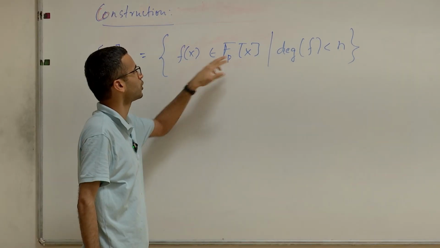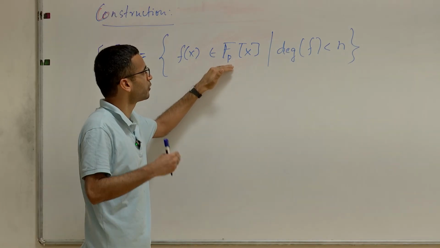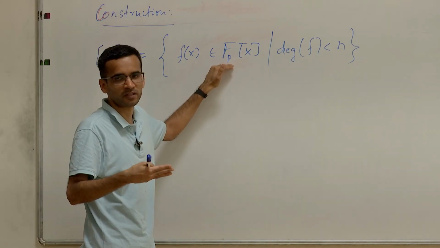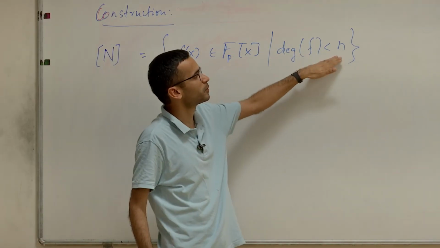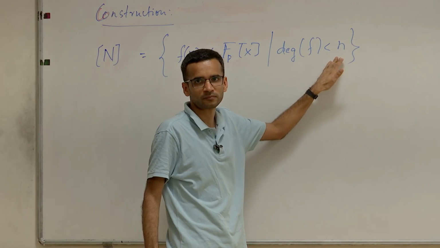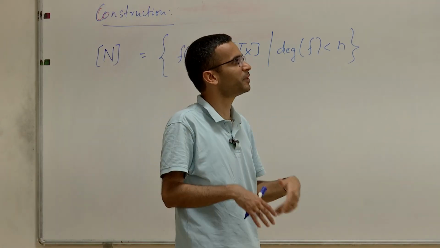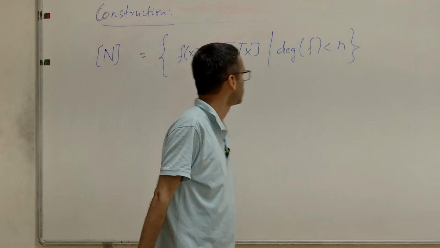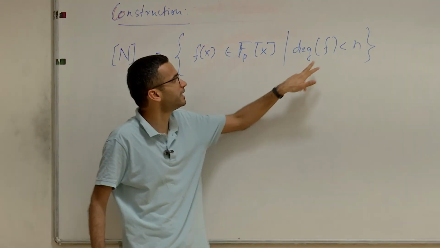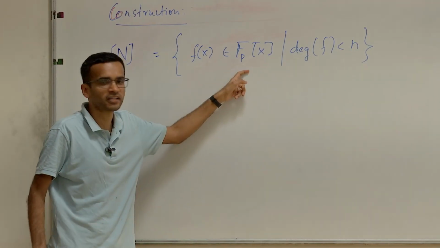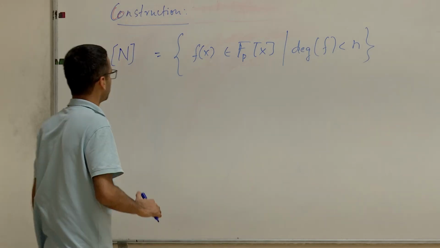These are univariate polynomials, X is the formal variable, but the coefficients are going to come from Fp. The coefficients are going to be 0 up to p minus 1, and the degree is going to be smaller than n. I said that the left hand side is p to the n. Notice that the number of polynomials of degree less than n with coefficients in Fp is exactly p to the n. Okay, so it makes sense.